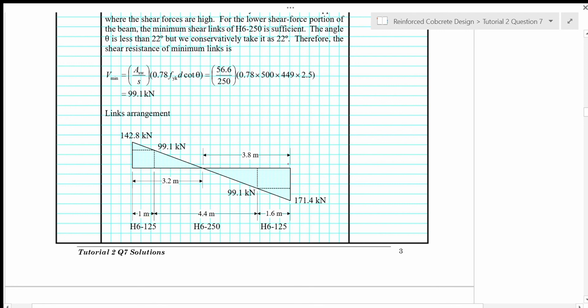So bear in mind that this is the center of the supports, where the maximum shear is occurring. But when we provide shear reinforcement, we provide starting from the edge of the support. So we are starting the shear reinforcement here. So there is still some distance from the center of the support to the starting point of the shear reinforcement provided.